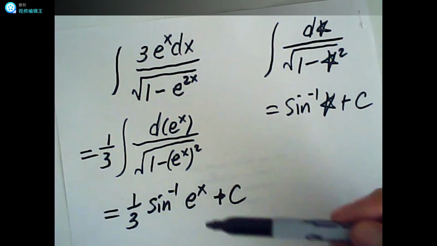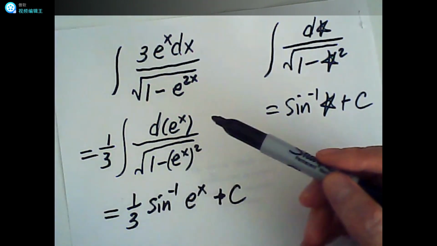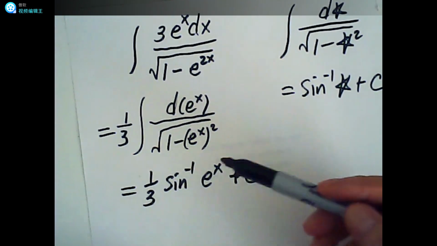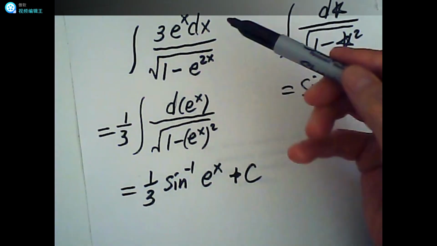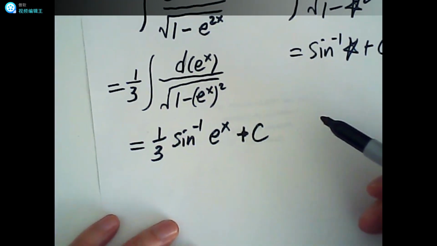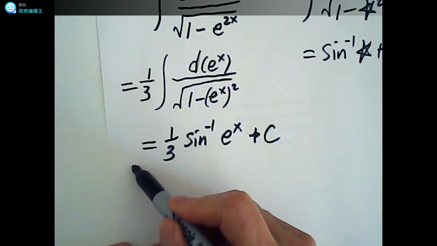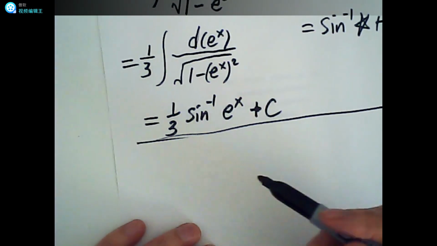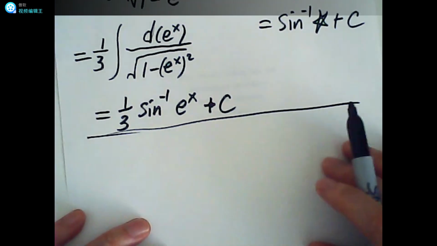This method is so good that we don't have to consider u. We don't have to detail the u. We do not interrupt the process of integration. We just go straight forward. This is a truly useful, practical, nice way of doing integrations.